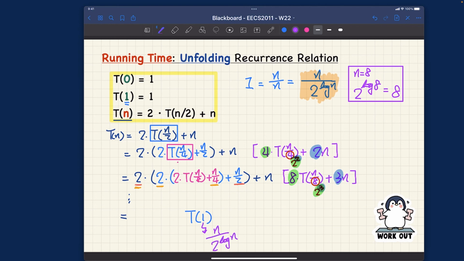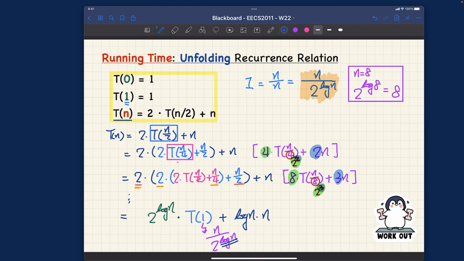According to the pattern of the simplified form, the multiplicative constant over here should be exactly equal to this denominator, and the multiplicative constant of the plus n over here should correspond to the log n. Right? That's the two patterns we spoke about. The first one is going to be 2 to the power of log n, multiplied by that, and then plus the log n over here, the exponent, log n times n.